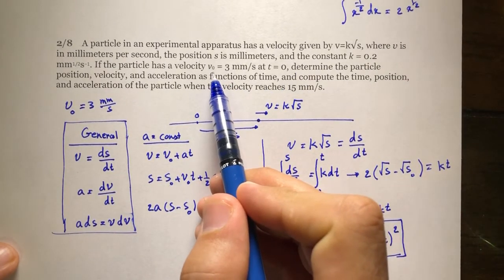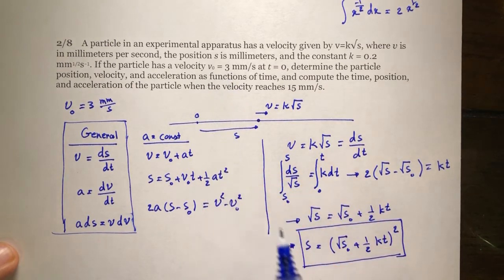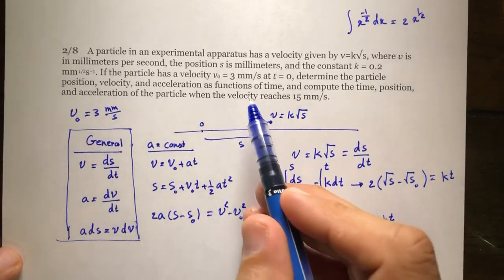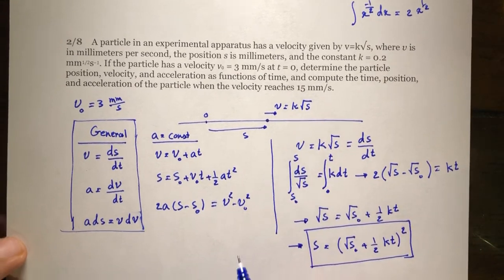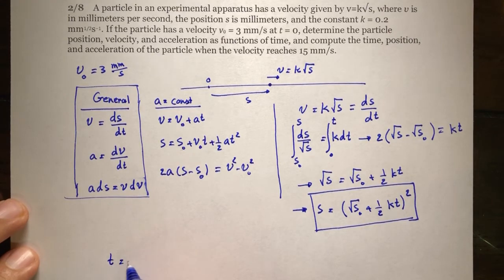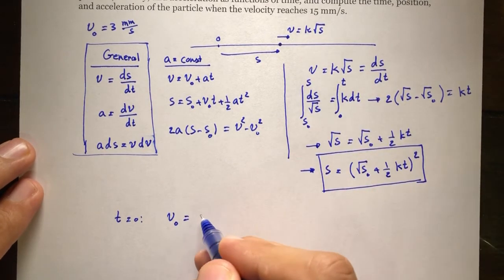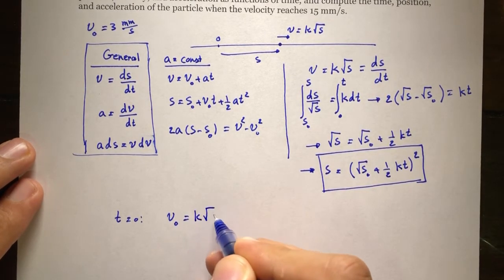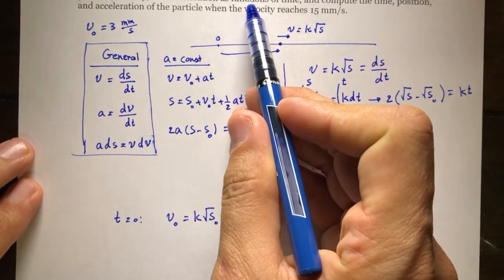We know the velocity at the beginning is 3 millimeter per second, right? And we know the velocity at any time is equal to k times the square root of s. So at time equal to 0, the initial velocity must be k times the square root of the initial position, and k is given as 0.2, and the initial velocity is given as 3.